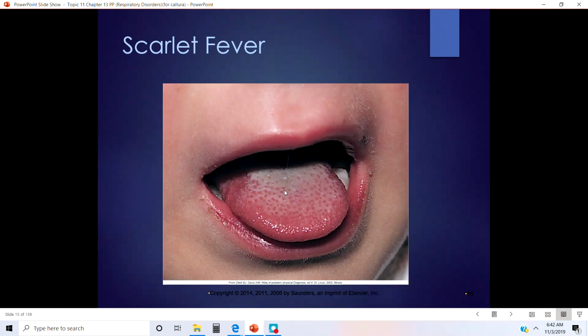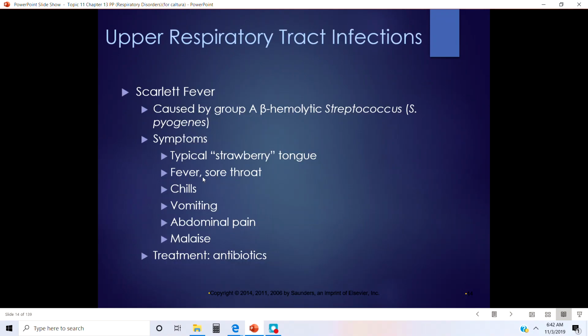This is a picture from our book, and it has a strawberry appearance, white with little red dots. They'll have a fever, sore throat, chills, vomiting, again signs of a bacterial infection, abdominal pain, and malaise. And since it is a strep infection, they will give antibiotics.